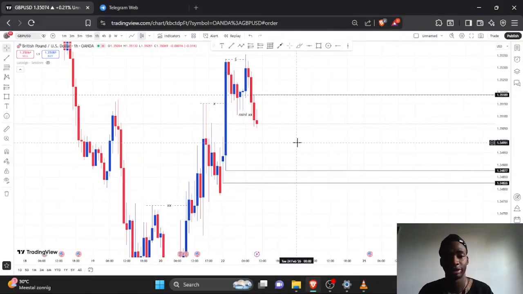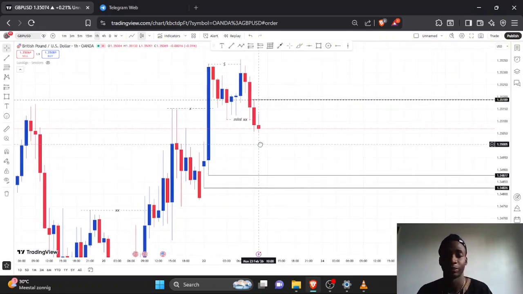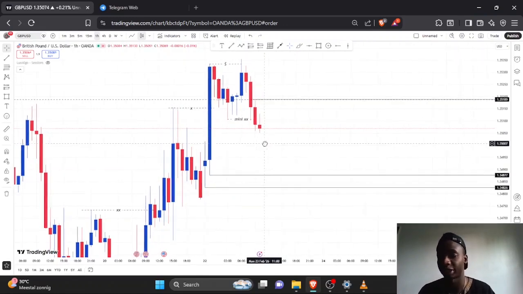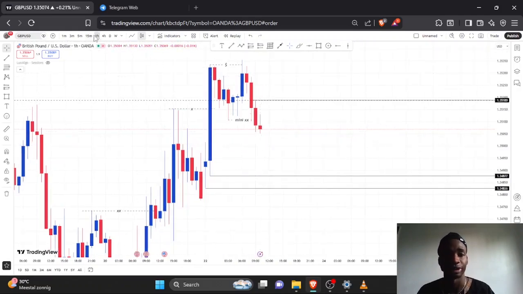Alright guys. Remember we talked about the market moving from here to this liquidity point. So this is New York session. This is 1:37 Nigeria time, and New York will soon be open in a few minutes. Let us refresh and let's see.